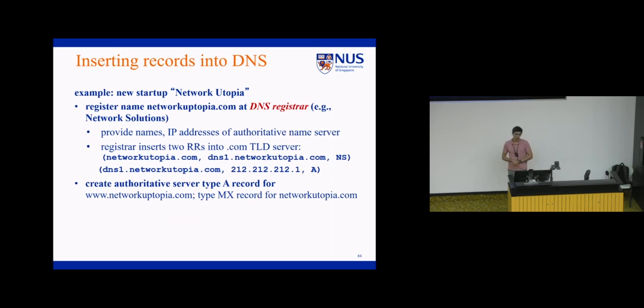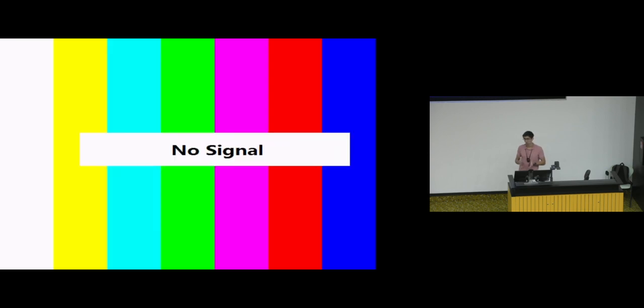Okay, now let's see an example again of how recording your new server into the DNS servers works. So let's say you started up a new company called Network Utopia, and you want to register your company's domain name, networkutopia.com, at a certain DNS registrar.